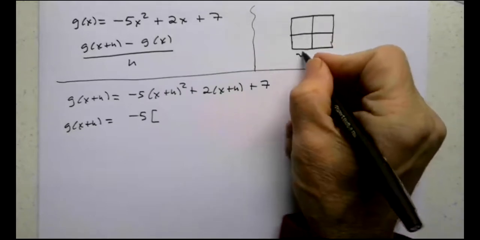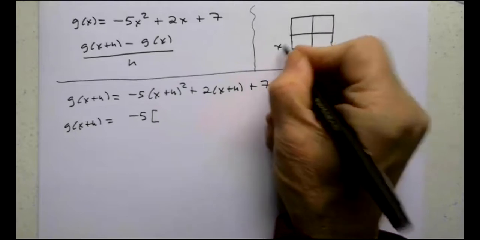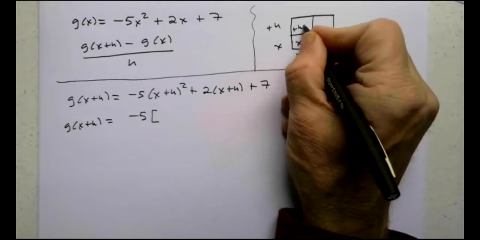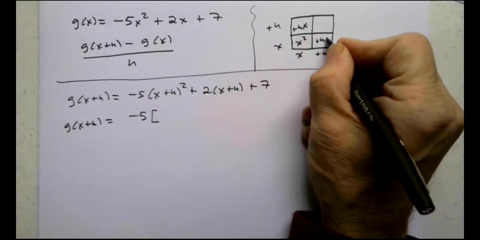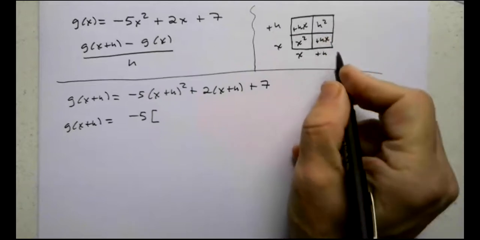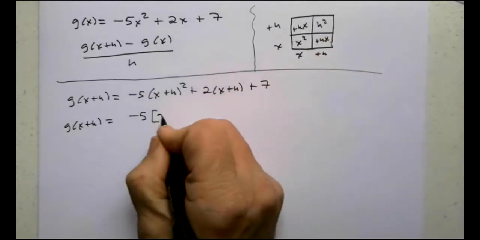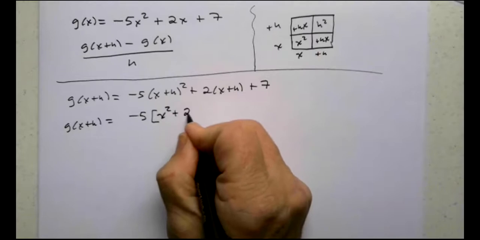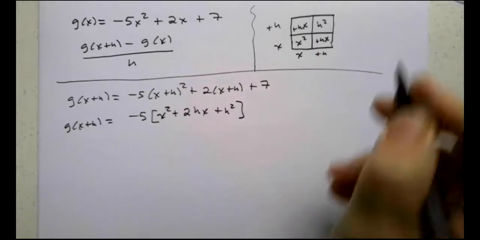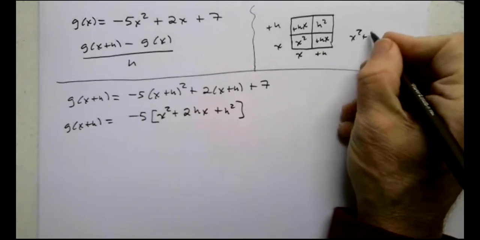So we have x plus h here, x plus h there, x squared, hx here, hx here, h times h is h squared. So notice I get x squared plus 2hx plus h squared is what this becomes.